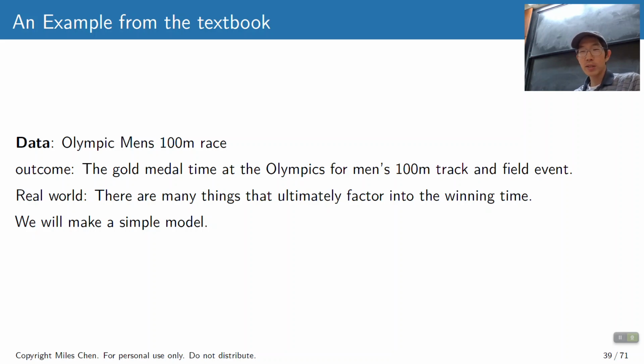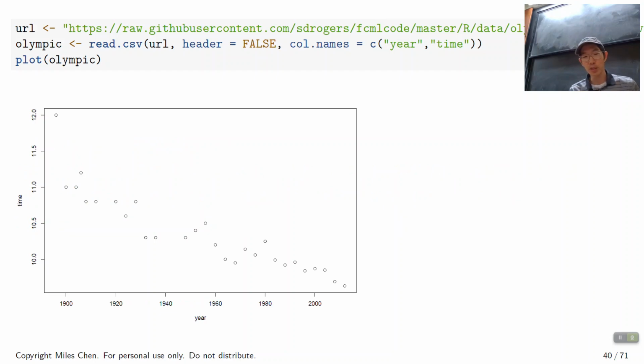There are lots of different factors that go into what determines the winning time, but we're going to just make a simple model, and we're plotting the winning time versus the year the event took place. And what do we see? In the 1896 Olympics, the winning time was 12 seconds. And then in 1900, the winning time was 11 seconds. And they just didn't have accurate stopwatches back then.